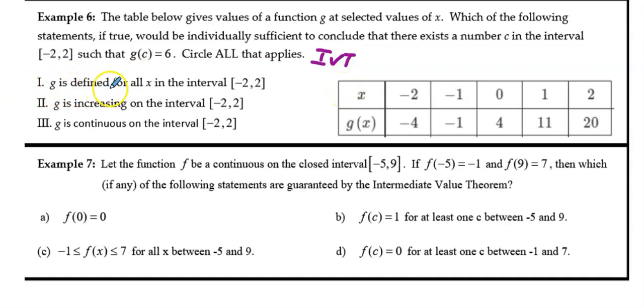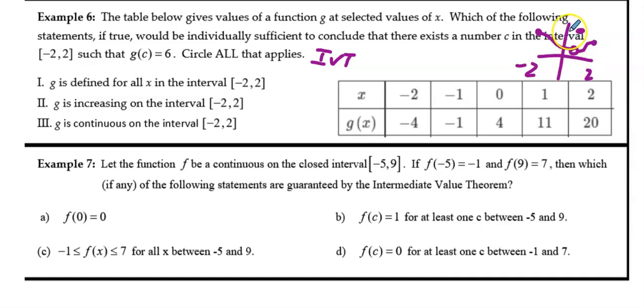So statement 1 says g is defined for all values of x on the interval from negative 2 to 2. Well, what if I give you something like this? It's true, everything on this interval from negative 2 to 2 is defined. But if you look right here, we have a hole.